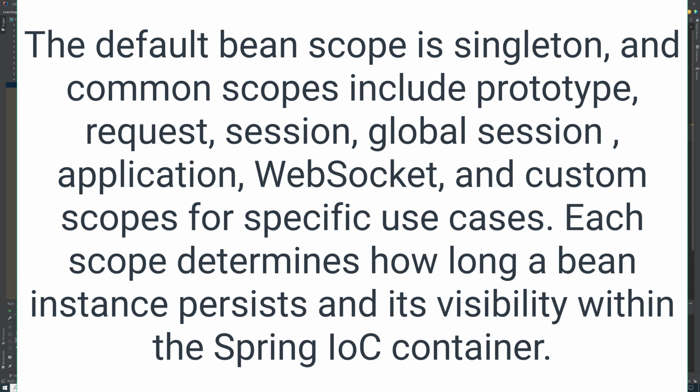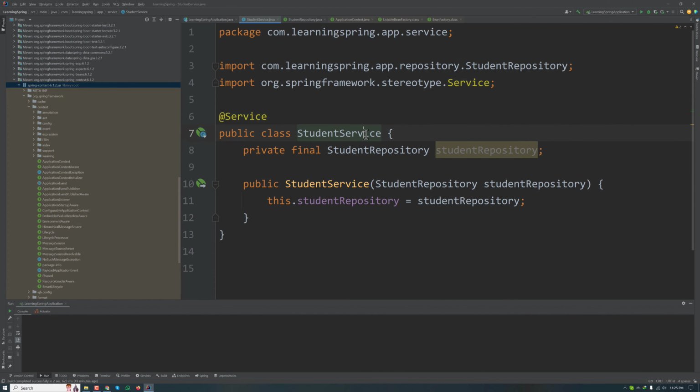Spring Boot scans for this class and wants to have an object of this class as a bean. When it wants to instantiate this class, we can see that in the constructor we have passed the StudentRepository here.